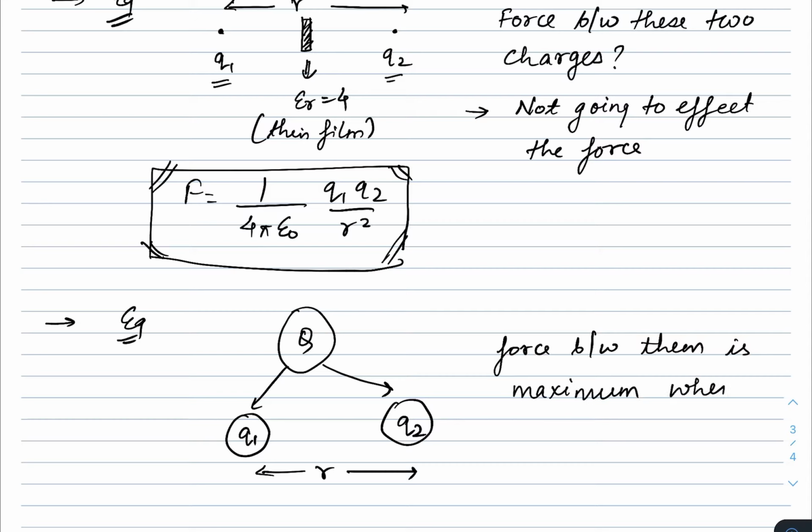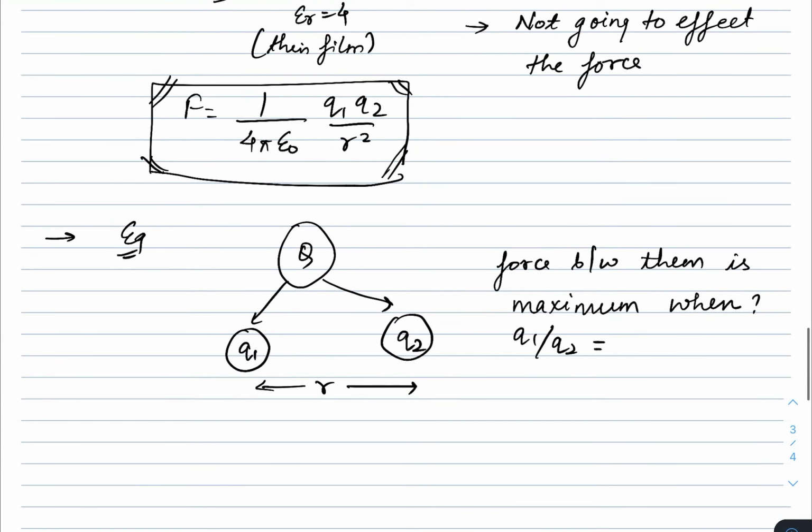Now we need to find the ratio of Q1 and Q2 so that the force of attraction between Q1 and Q2 becomes maximum.